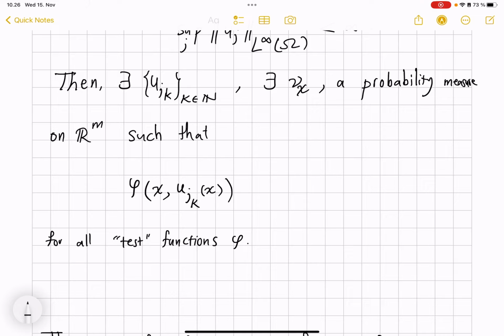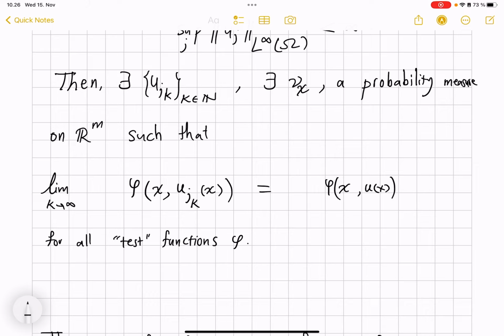Okay, we want this limit as k goes to infinity. So suppose you are talking about a continuous in both variables function phi. So if u_jk converge to some value, say u(x), then this limit would obviously be just equal to this, right?